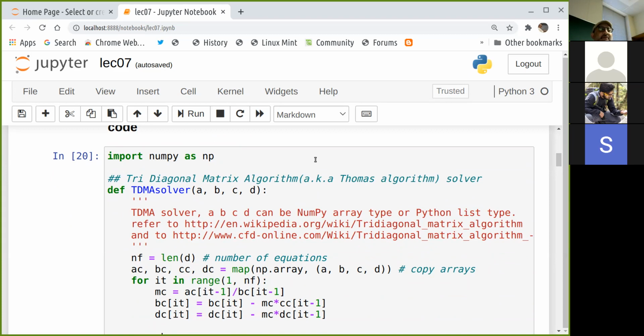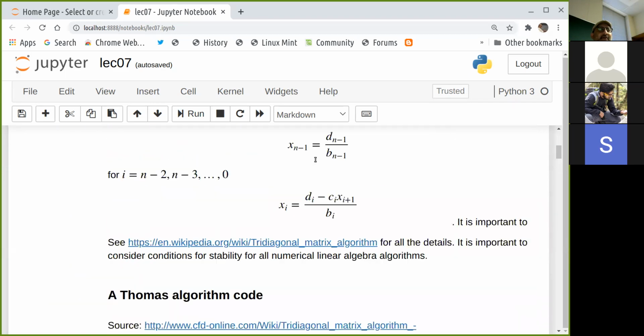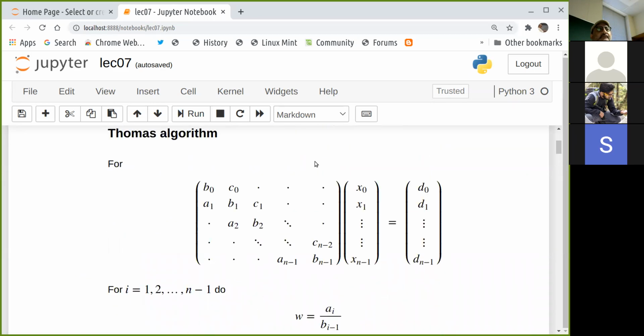Basically, going back here, there's this lower diagonal which consists of elements a_i. You feed it a_i as a list or as a NumPy array. It also needs the main diagonal, a list or NumPy array called B in this code.